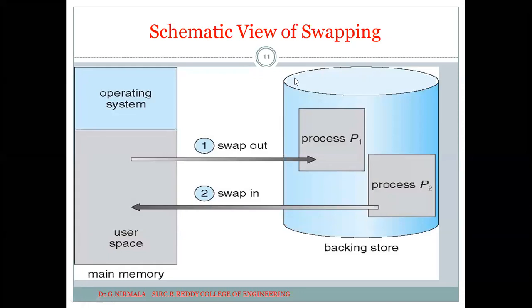Since P1 needs 64 MB but available memory is 52 MB, the part up to 52 MB will be kept in the main memory and the remaining part will be swapped out to the hard disk or secondary storage.